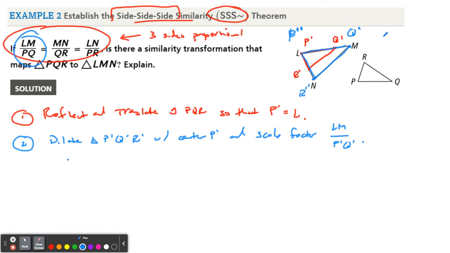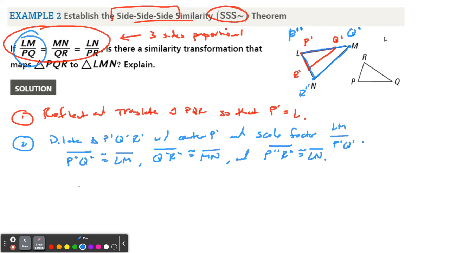So again, what this means is segment P double prime, Q double prime is going to be congruent to segment LM. And because the other ratios are the same, segment Q double prime, R double prime will be congruent to segment MN. And segment P double prime, R double prime is going to be congruent to segment LN.